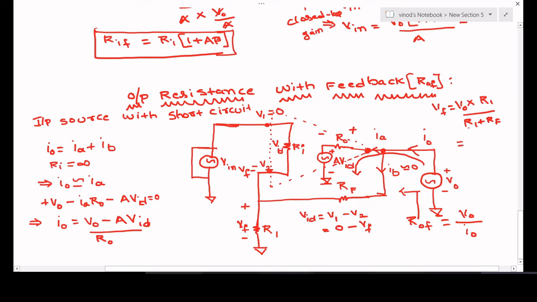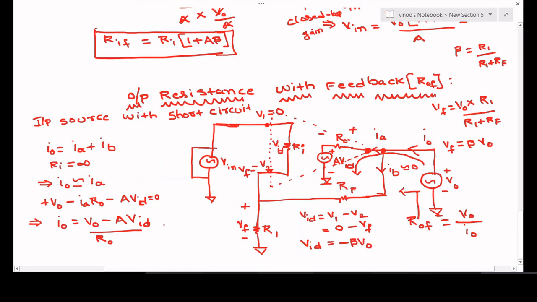This R1 by R1 plus RF, we already know, is beta. So VF is nothing but beta times V0. So from this, what is VID? VID is nothing but minus VF. What is VF? VF is nothing but beta V0. So this is becoming minus beta V0.